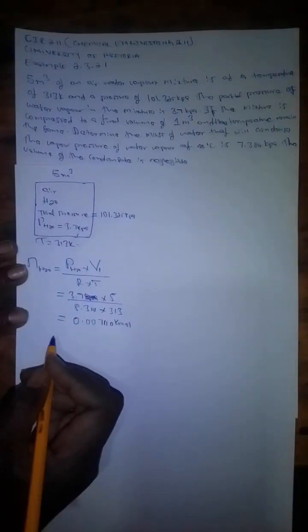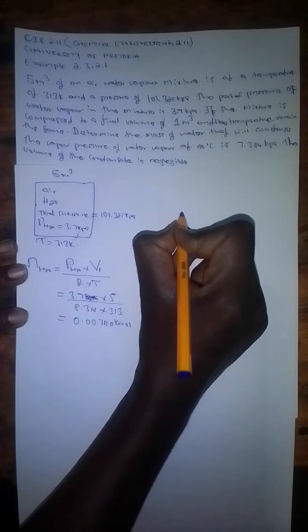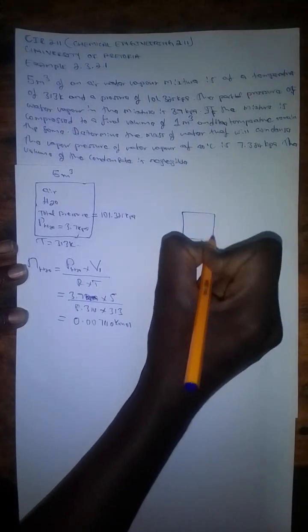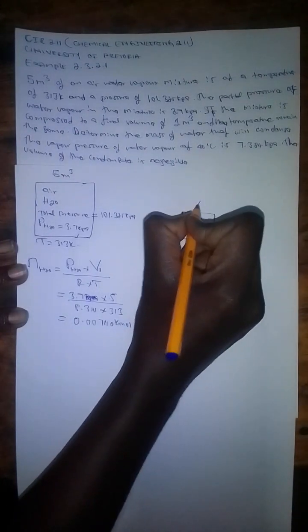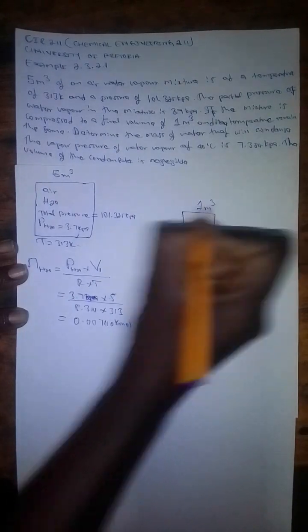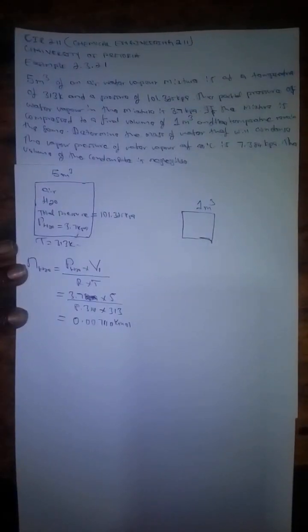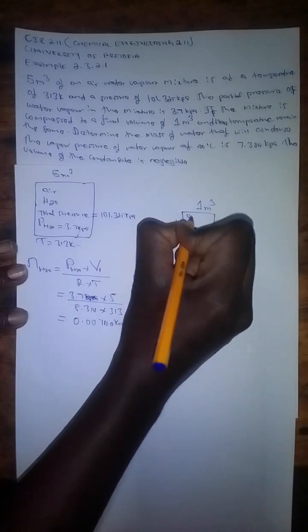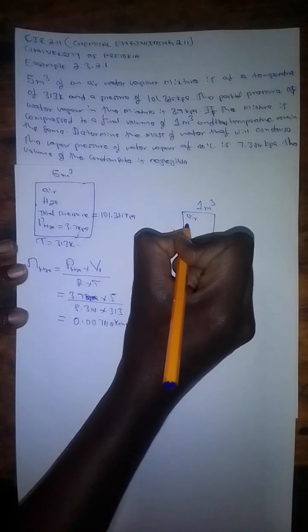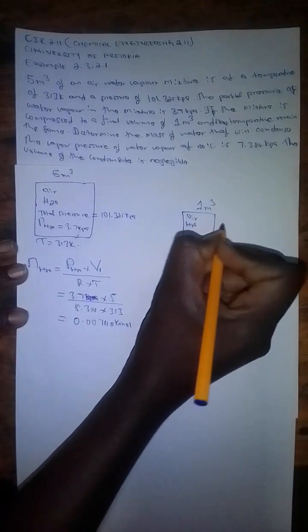Now we are told that the mixture is compressed to a final volume of 1 meter cubed. So I can just put a smaller box here just for illustration purposes and say it's 1 meter cubed, right? Okay, we still have air and we still have our H2O as vapor.